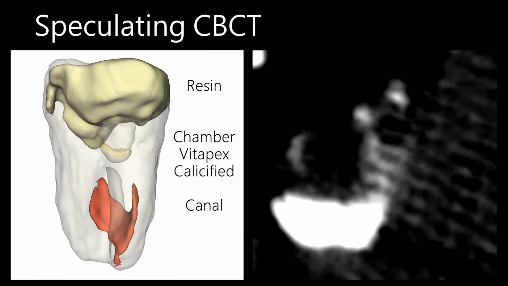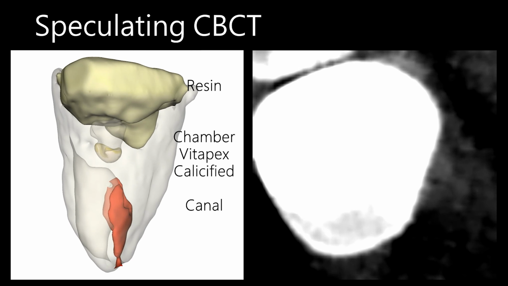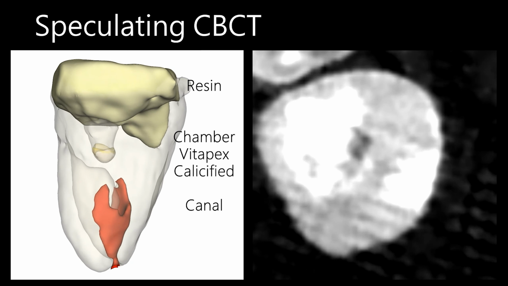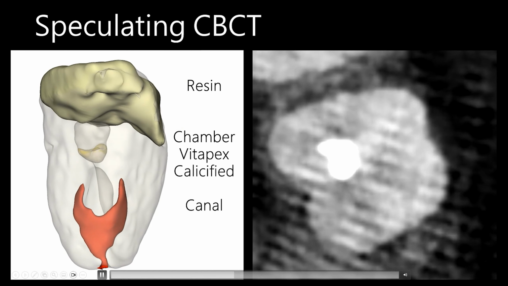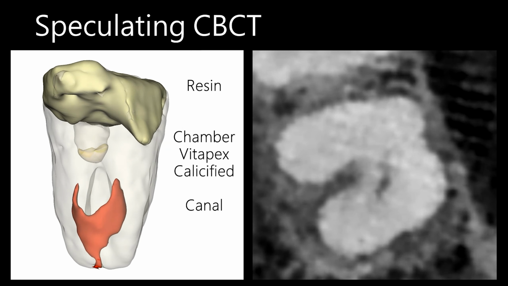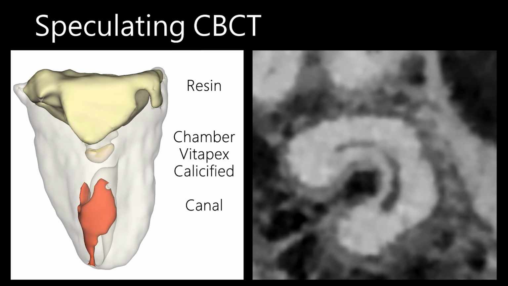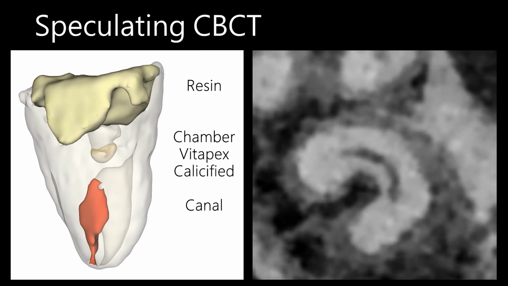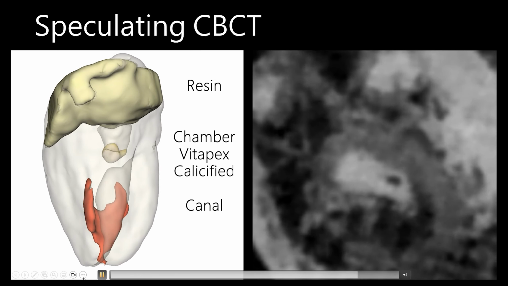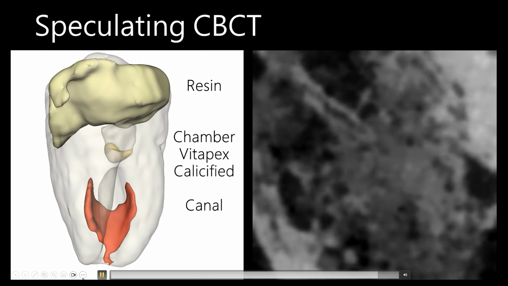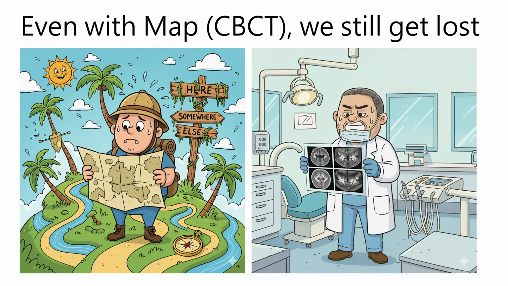If you take this CBCT, you still don't really know where you have to go. You will imagine this picture in your mind, but with the patient there, you still are not very sure where you are going. You will assume I'm going a little bit mesial or a little bit distal, but you still try to imagine that in your mind.